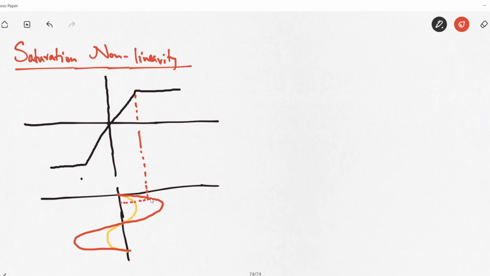Here we'll be deriving the equation for the general case so that we can generalize it for any other case. Fine.